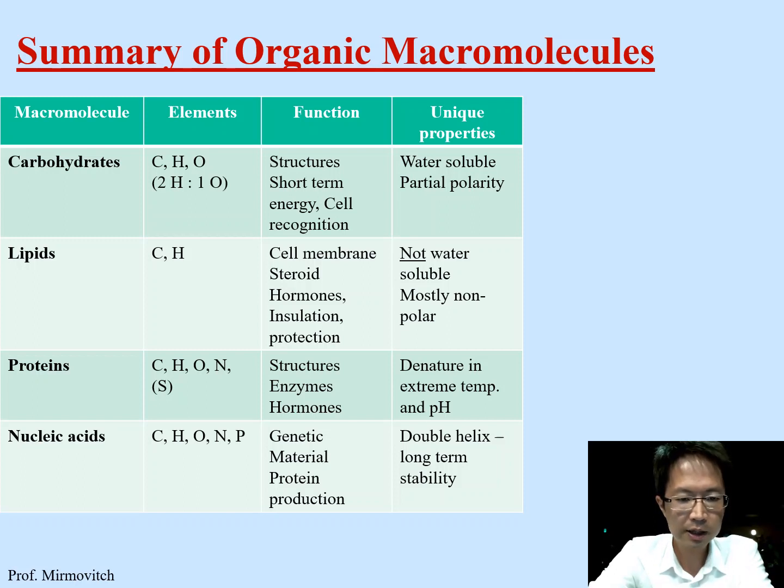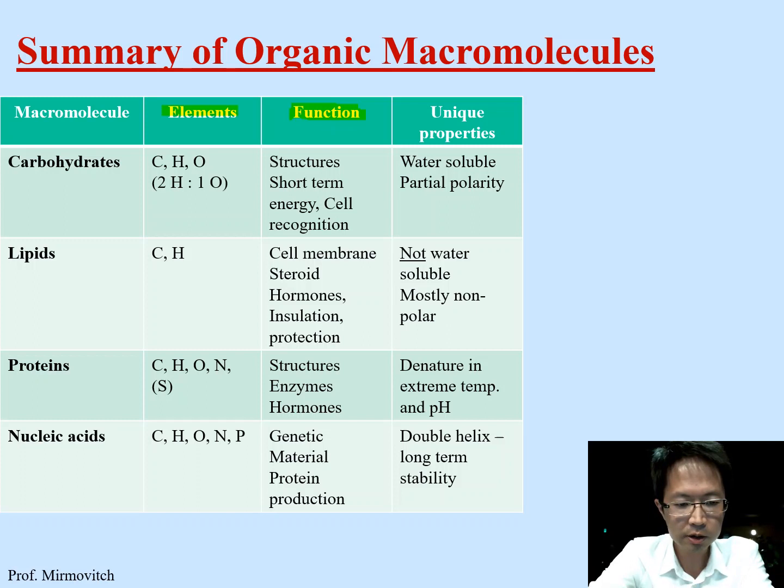You have to at least get the element correct. The function, well, I would say more or less you should be able to get it correct. If you get some of it missing, that's okay. Unique properties, well, that is difficult to guess.